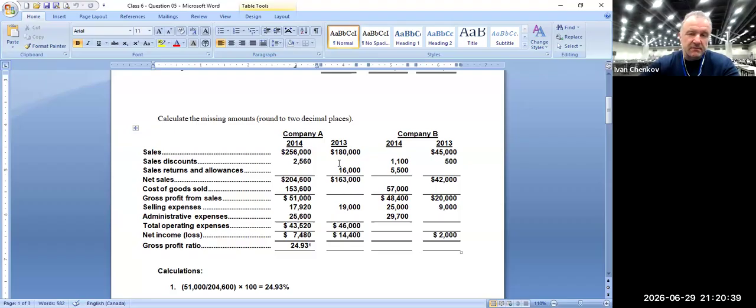Sales minus sales discount minus sales return allowances gives net sales. Then cost of goods sold, gross margin, then expenses, net income, and the gross profit ratio.